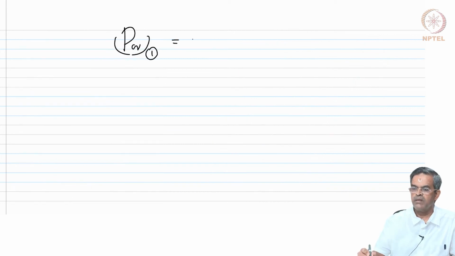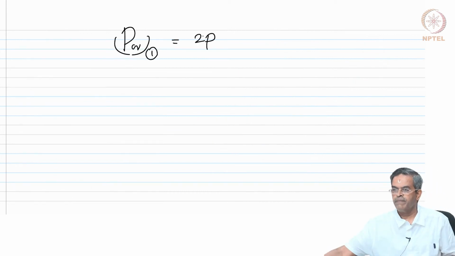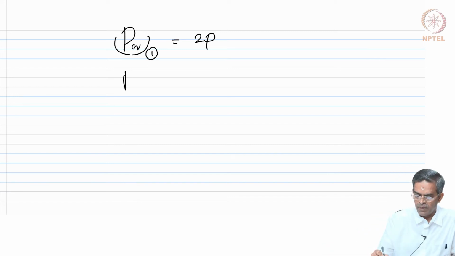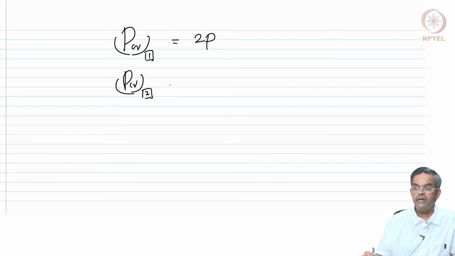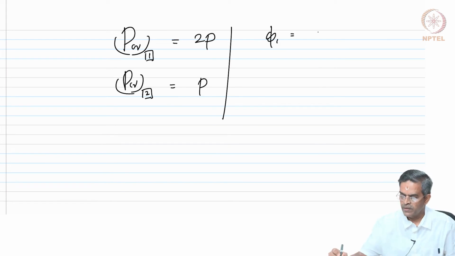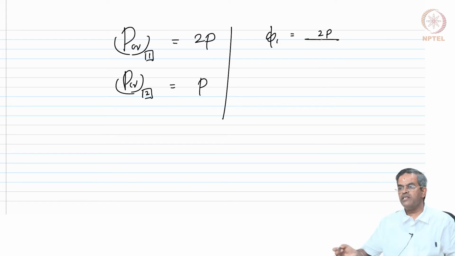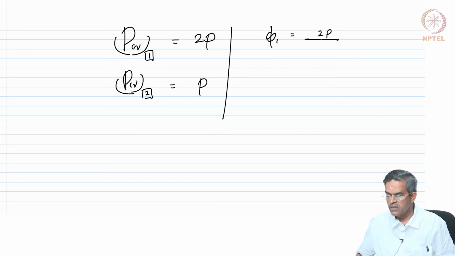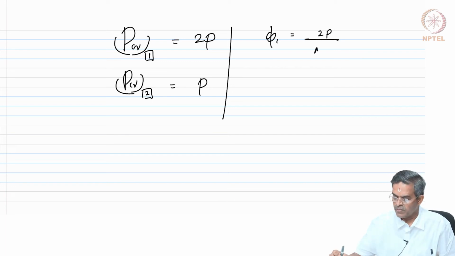So, first member, this is 2P, and for the second member, let us use square brackets, which will be P. So, by this logic, phi 1 should be 2P because phi is the ratio between the applied load and the Euler's critical load, which is pi square EI by L square.